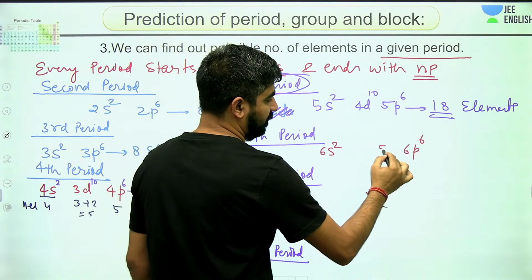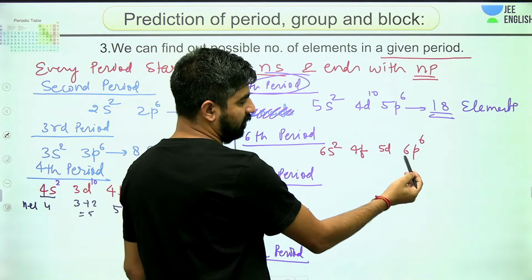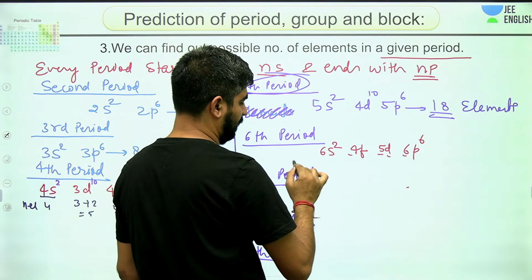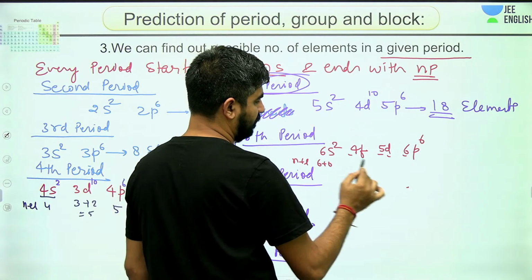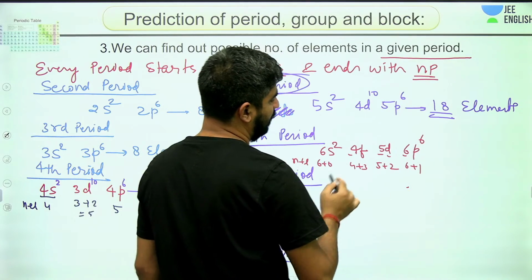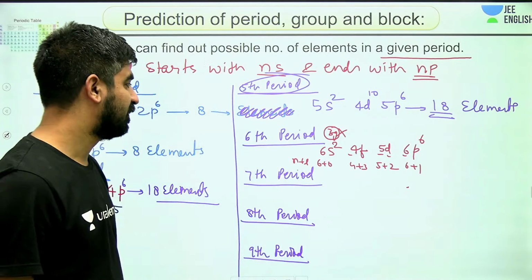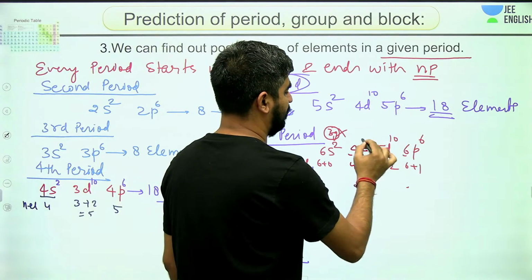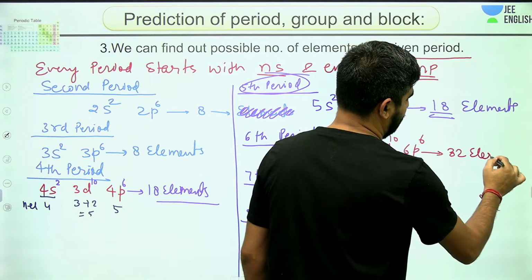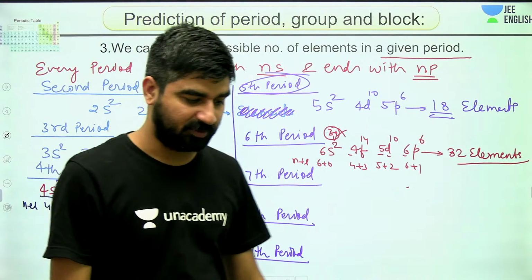So here I can write 5d and 4f. What I'm doing, guys, exactly I'm reducing it by 1 and increasing it. If n plus l, if I write 6 plus 0, 6 plus 1. Now what I'm doing, 5 plus 2, 4 plus 3. Now if I write 3g, actually 3g is not possible. So we have 10 electron and we have 14 electron. So in sixth period we have 32 elements. In sixth period, guys, we have 32 elements.